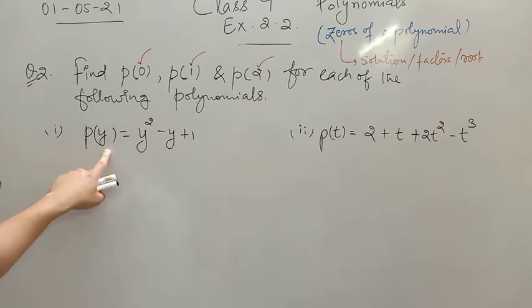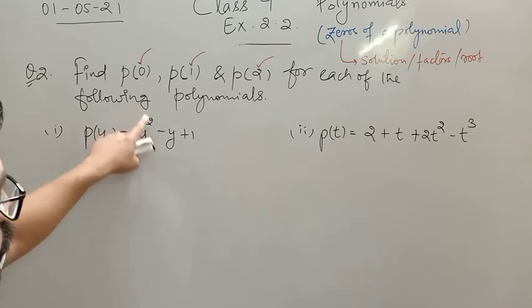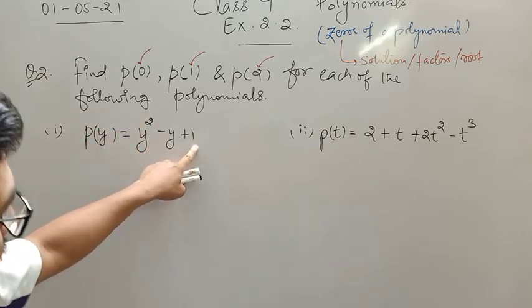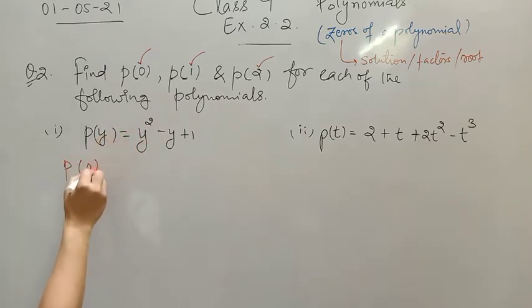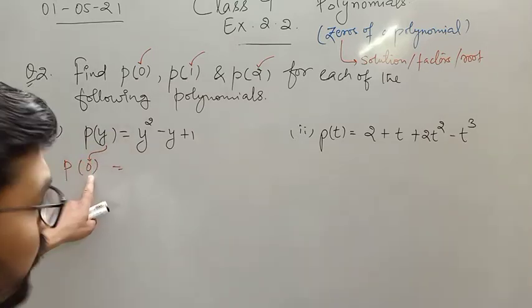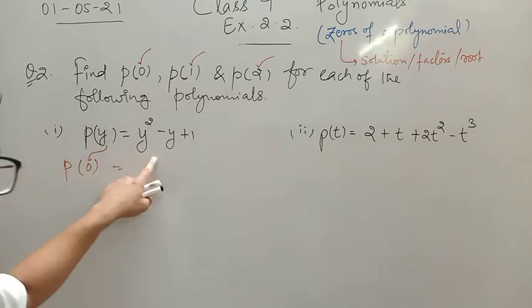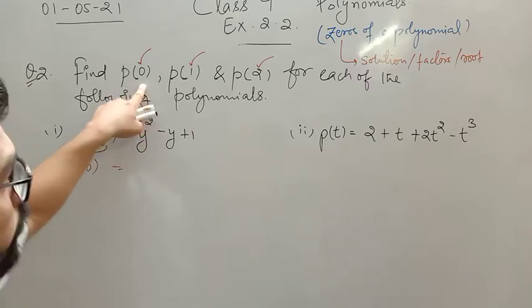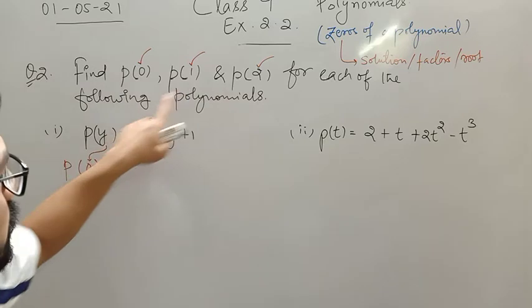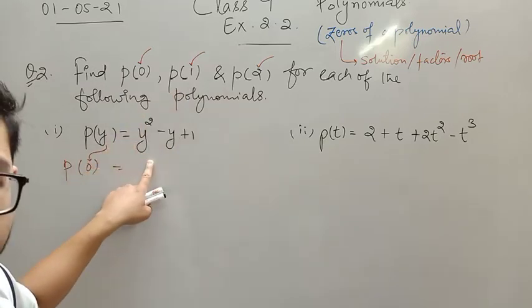So p of y is y square minus y plus 1. That means p0 means y equals 0. For y equals 0, what is the value of this polynomial? I think this is clear to you now: 0, 1 and 2 are the values of the variable.